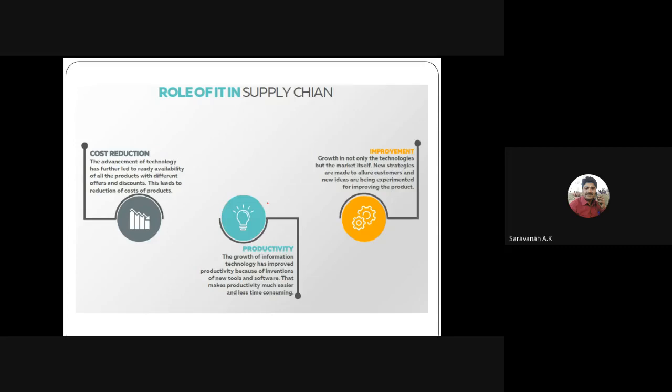The information must follow some characteristics, right? When we are using it in supply chain decision making, while making the decision we have to see some characteristics, right? So what are the characteristics? The first characteristic is that the information must be accurate. Information must be an accurate one.